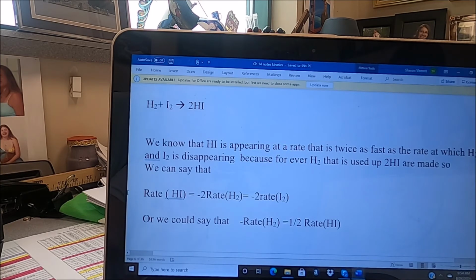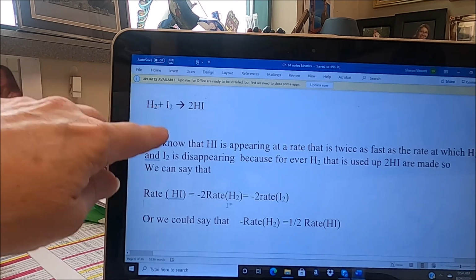Okay? So if we want to think about how these two relate, the rate of hydrogen iodide appearing is equal to 2 times the rate of hydrogen disappearing, 2 times the rate of iodine disappearing. And notice that there's a negative sign right there. Okay? And a negative sign right there.